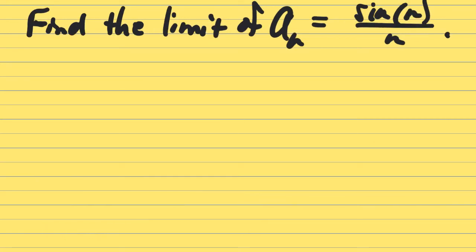This is one of my favorites. Let's recall the graph of sine. Sine oscillates back and forth. Let me see if I can't do a little better job of drawing that one.